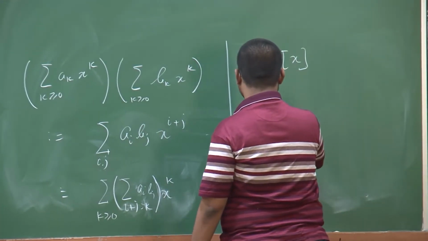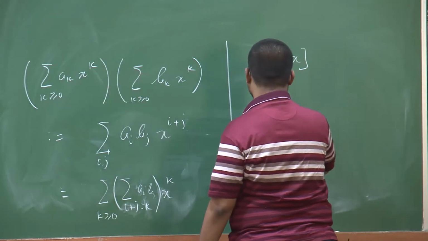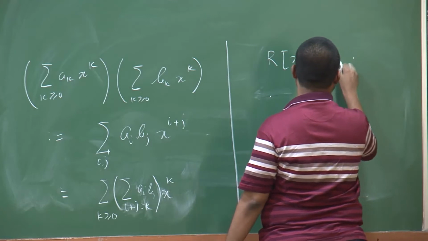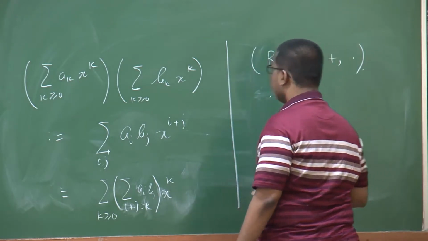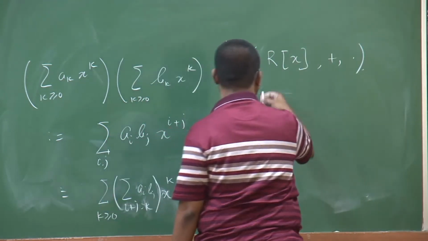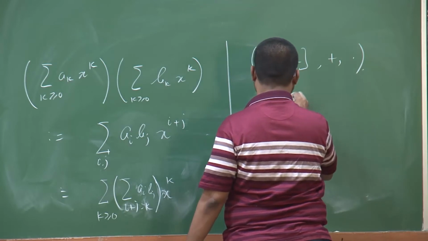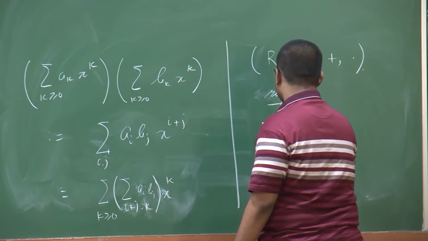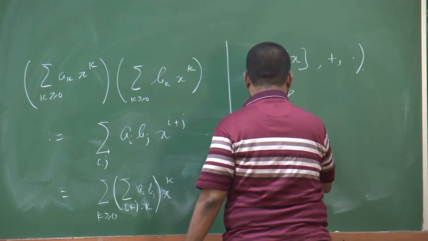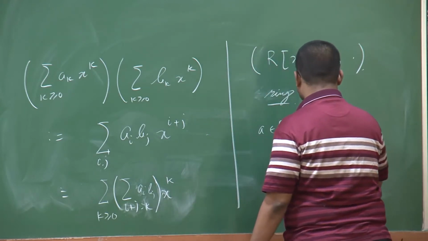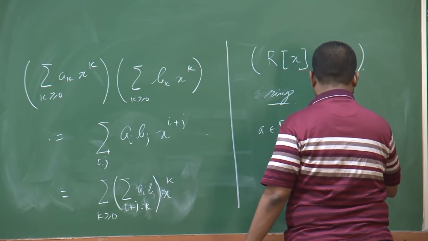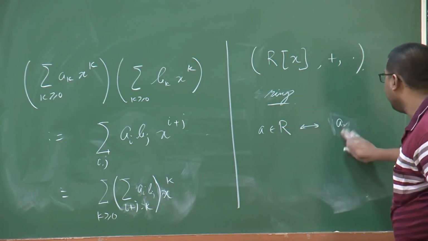So this is with respect to polynomial addition and multiplication. This forms a ring. It is easy to see that every a in R can naturally be identified with the constant polynomial a.